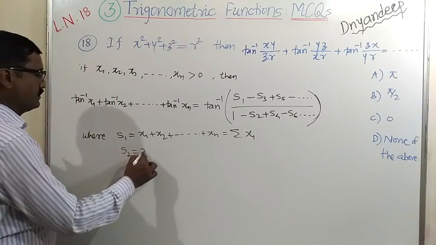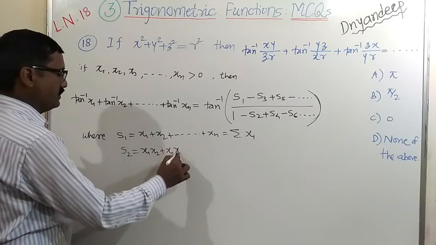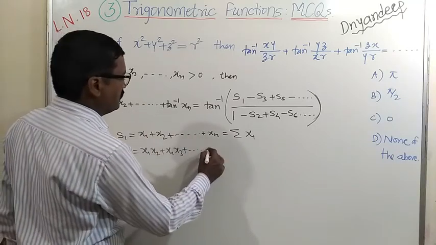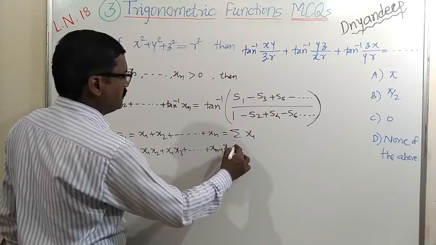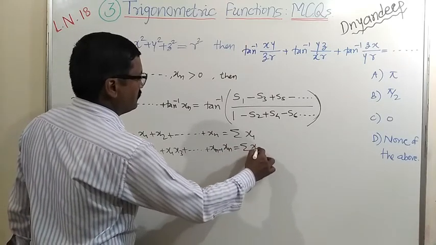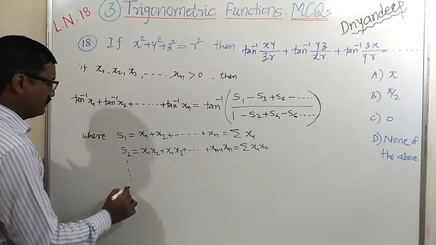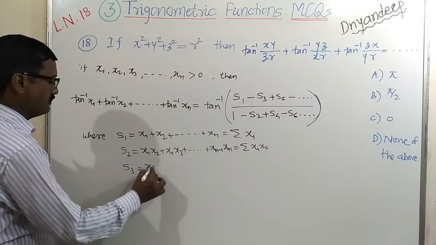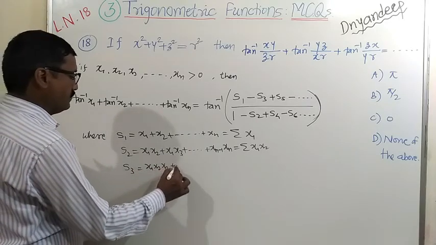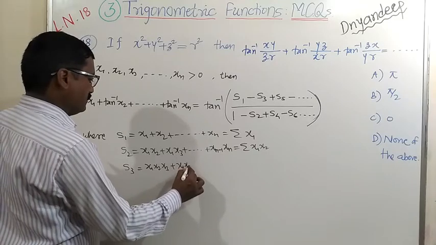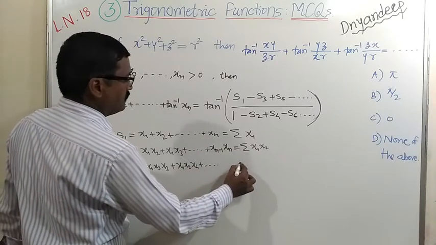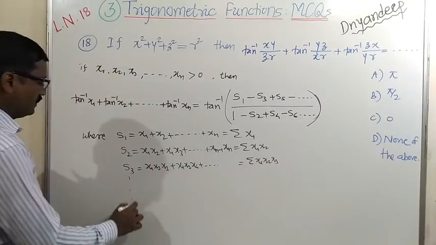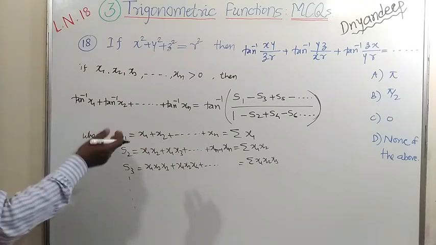S2 is x1 x2 plus x1 x3 plus etc. Then after that, starting from x2, the last one is x(n minus 1) into xn, that is the summation of x1 x2. In this way, S3 is x1 x2 x3 plus x1 x2 x4 etc., and that is equal to the summation of x1 x2 x3, and so on up to the nth terms.